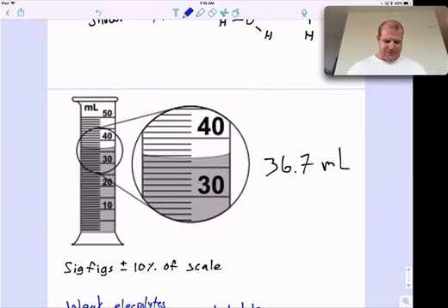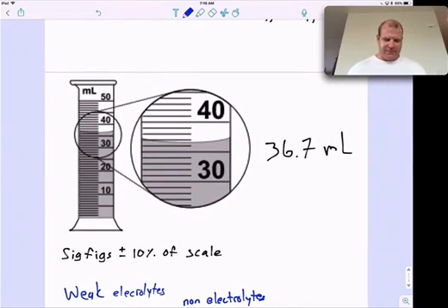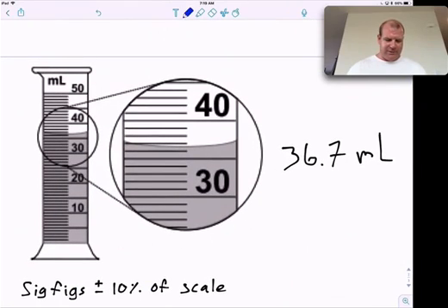Okay, so for reading something here, especially if you're not taking a lab class, you haven't learned how to read a graduated cylinder, but here if you look at this, what would this be? You can read it. So this is 30 right here, right? So I'm sorry, 30 at the bottom. This is 30.